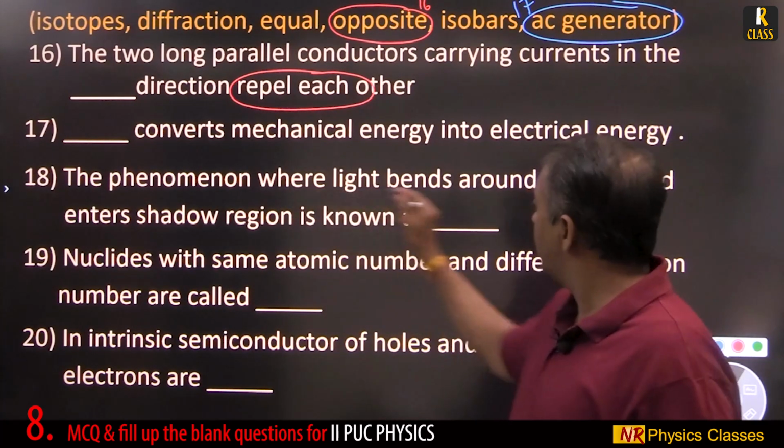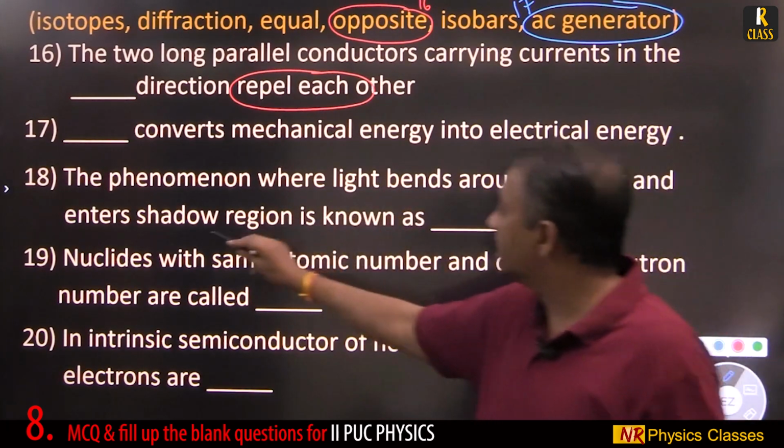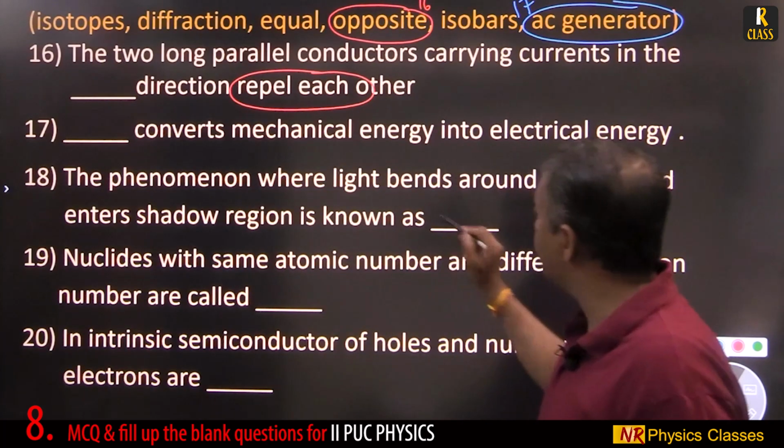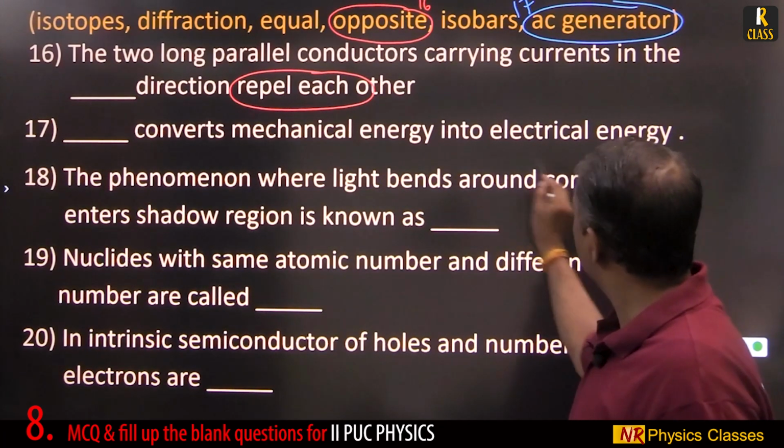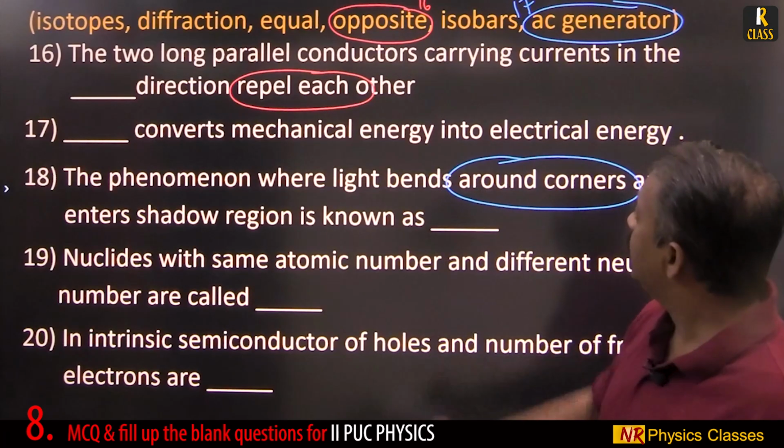The phenomenon where light bends around corners and enters the shadow region is called diffraction.